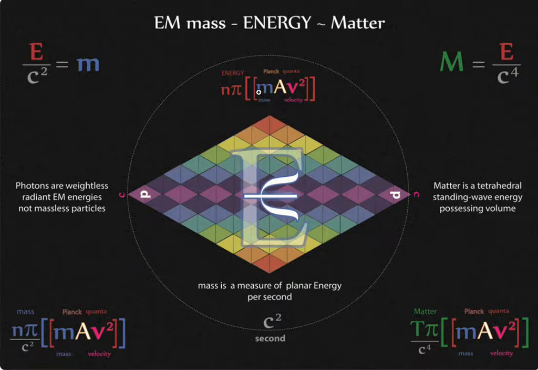The difference between the energy measurements and the mass measurements is simply the c squared. And again, over time you will become familiar, and where you see c squared, you know it's a mass measurement that's taking place. Where you see c to the fourth, you know that it's a spherical measurement or region of space that's being measured, so therefore it must be a volume or a matter geometry that's being measured in that space.